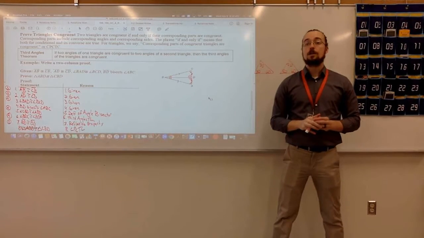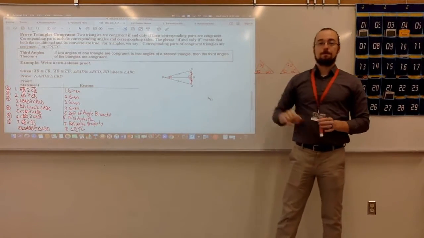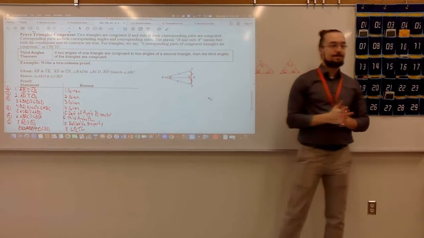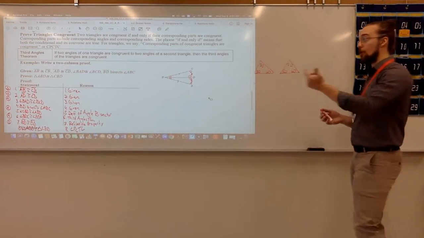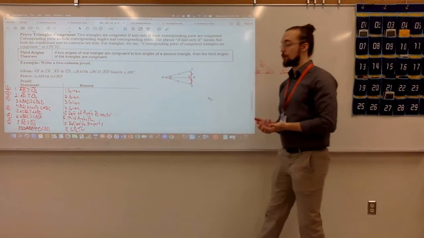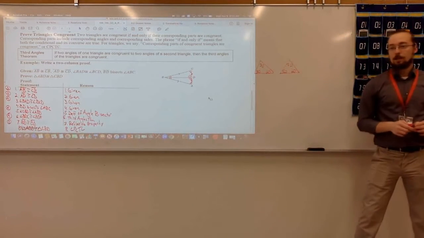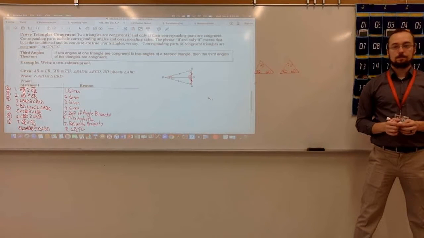Questions? Once I've shown that all corresponding parts are congruent, then I can claim the triangles are congruent. Feel okay so far? For today, yes.